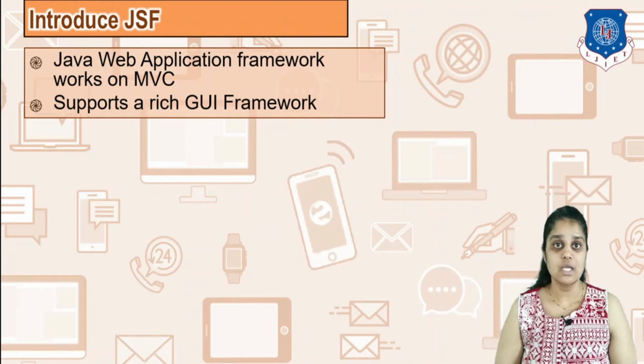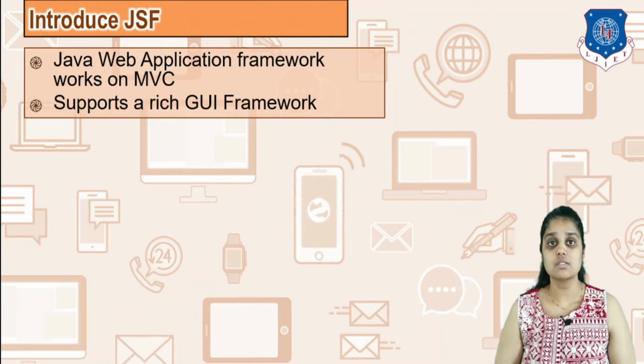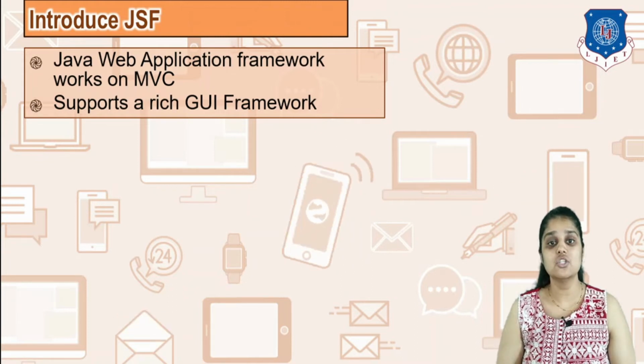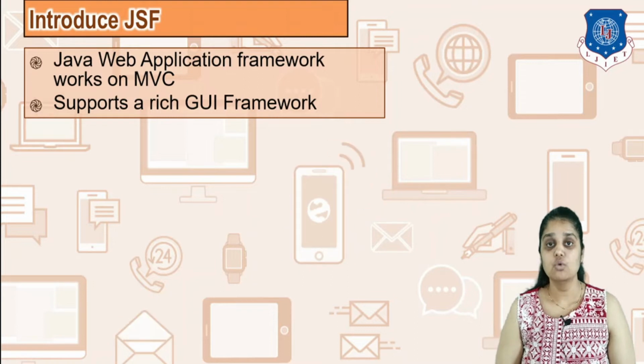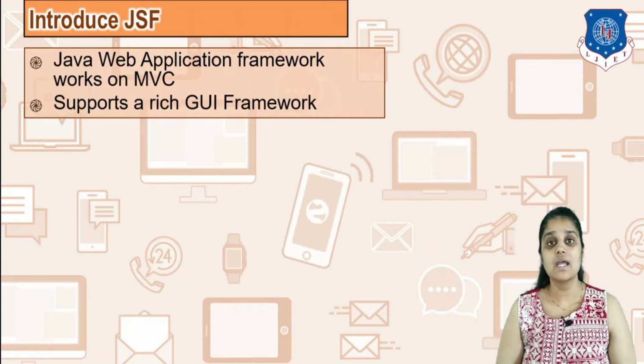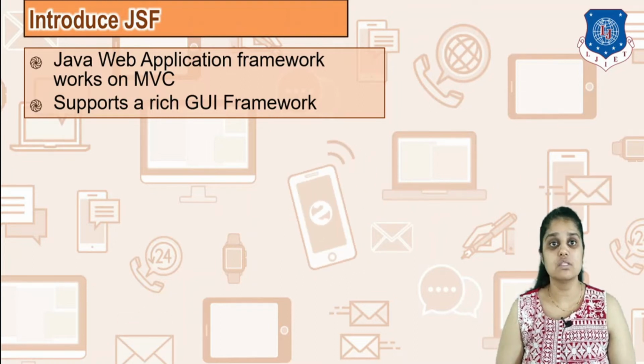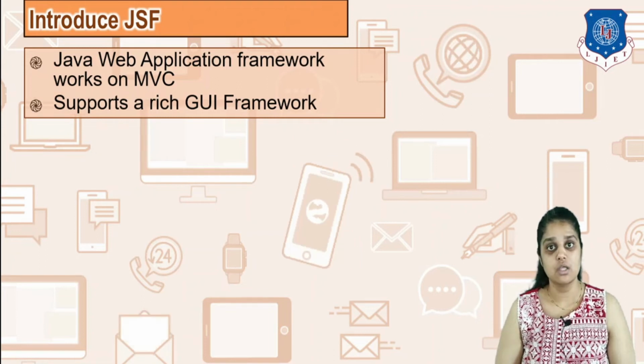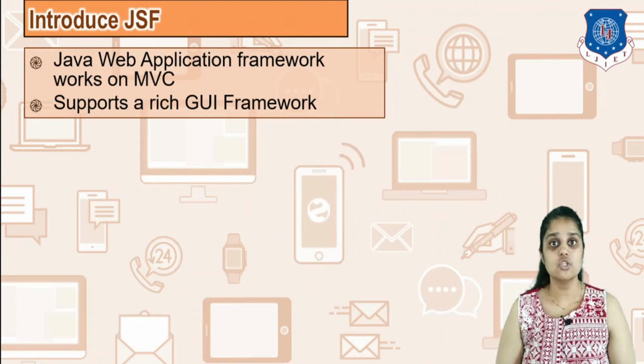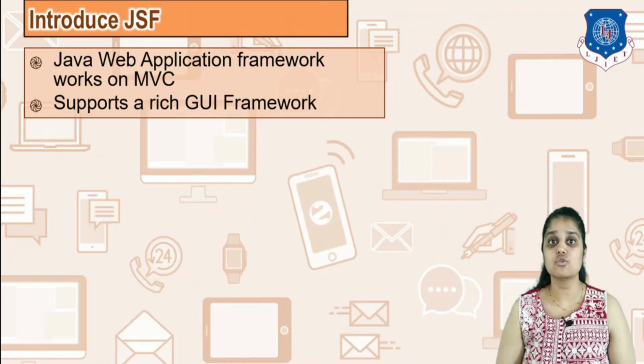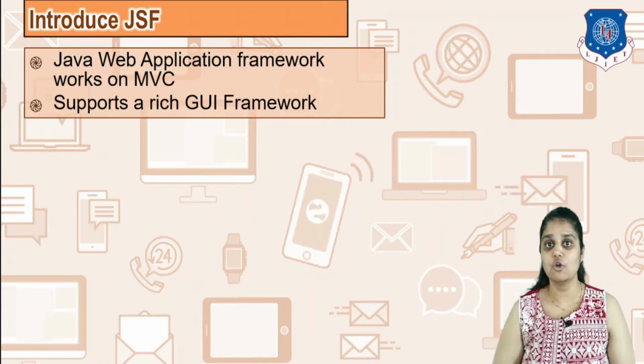Now this JSF is used because it helps you with various GUI frameworks. You don't need to have an inbuilt HTML kind of layout for displaying a form on your page. So if you want some rich GUI frameworks, you can use or incorporate JSF in your coding.